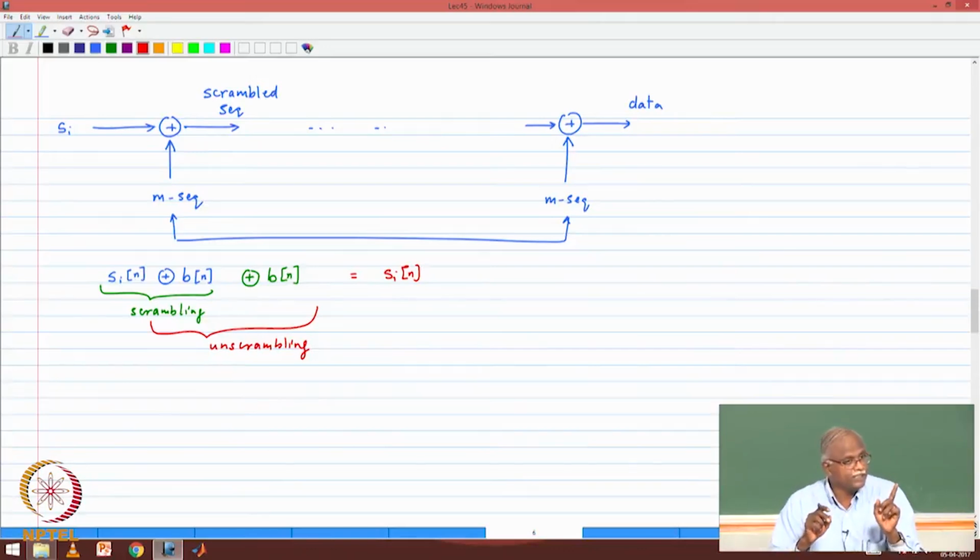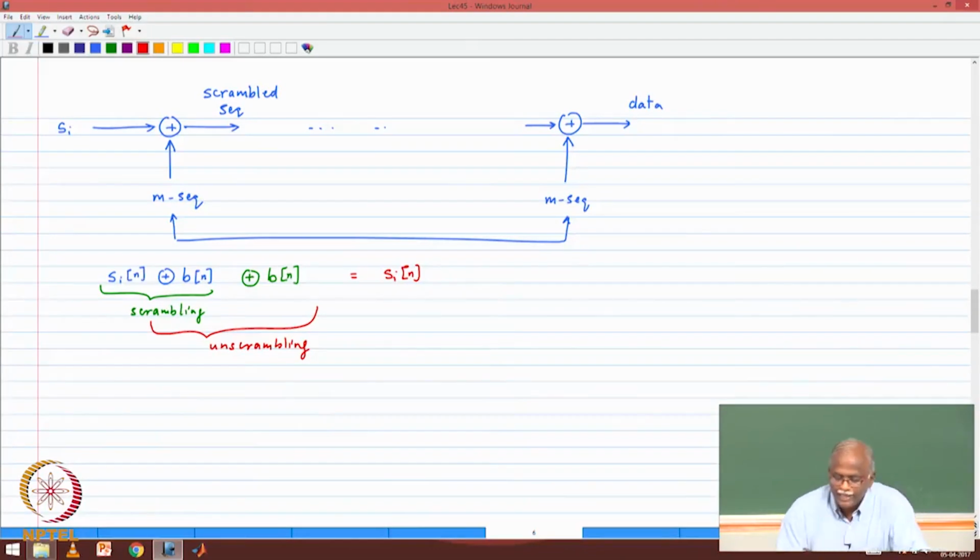So in a CDMA system, you have to be synchronized at the chip level. It's much more stringent than a narrowband system, because in a narrowband system you must be synchronized at the symbol level. Chips are much smaller in time duration compared to a symbol, so synchronization at the chip level is critical.